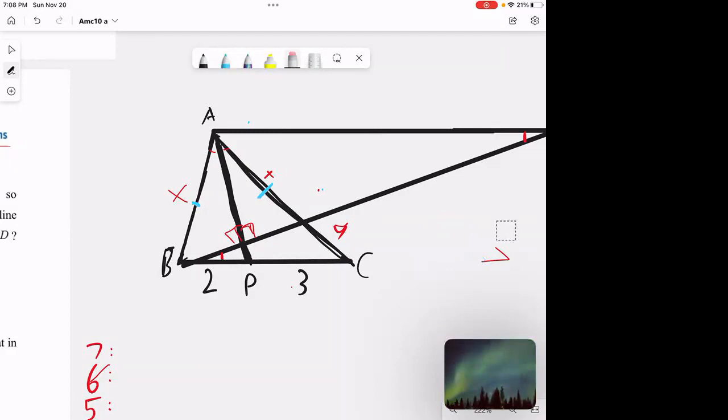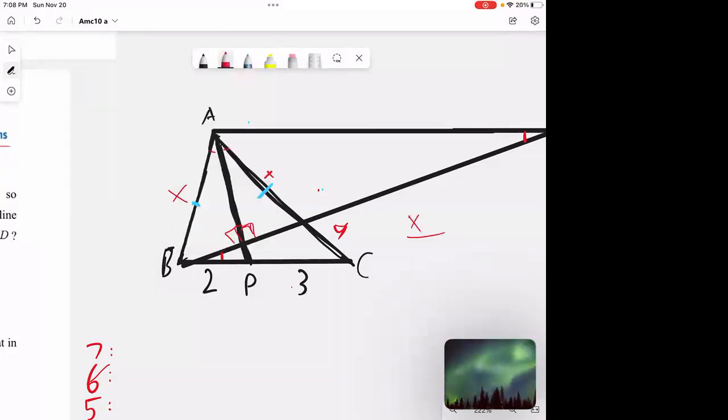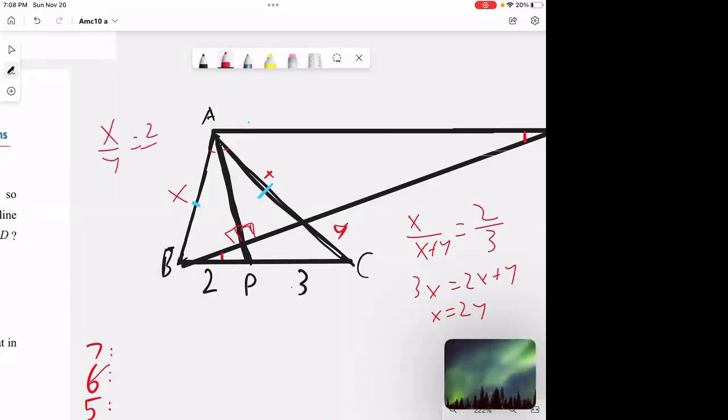So that tells us that x over x plus y equals 2 over 3. If we manipulate this a little, we have 3x equals 2x plus y, so x is just equal to 2y. So the ratio of x over y equals 2 over 1.